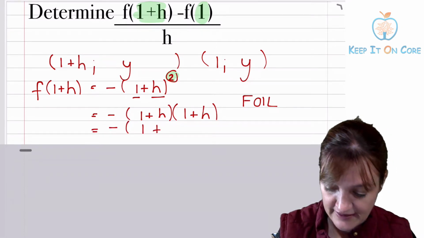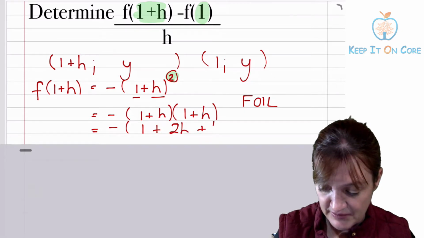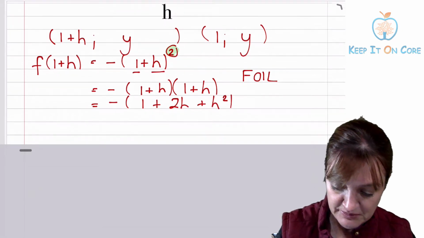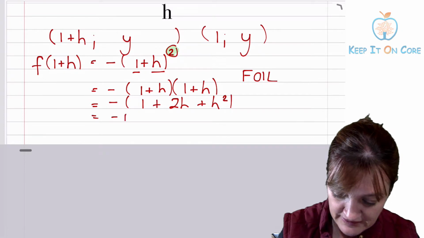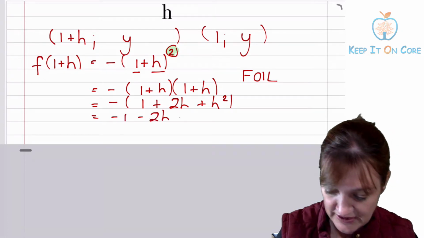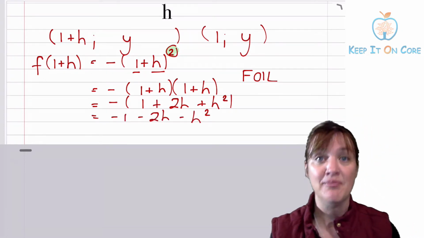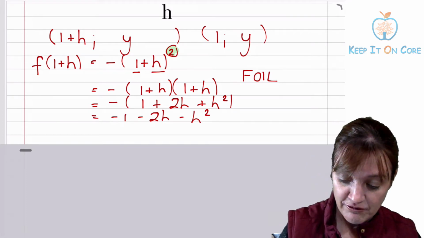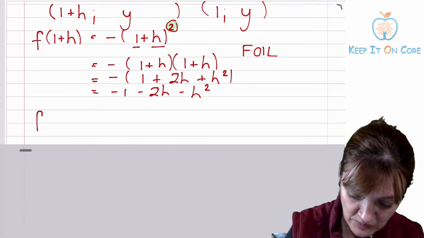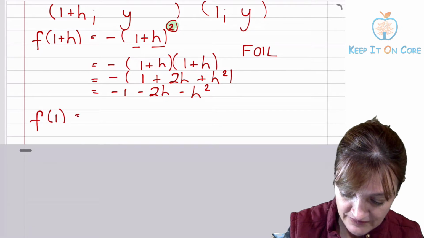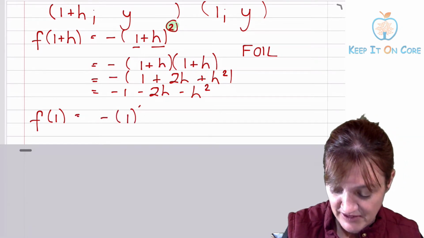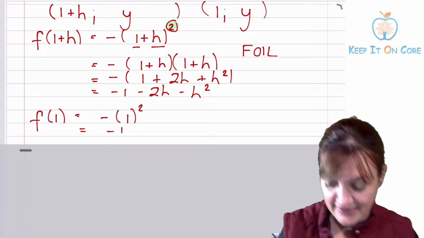That gives us 1, it gives us 2h, and plus h squared. If I distribute my negative, it becomes negative 1 minus 2h minus h squared. That's the y coordinate for the first x value. The second y coordinate, f(1): if I substitute 1 into x, that's just giving me negative 1.